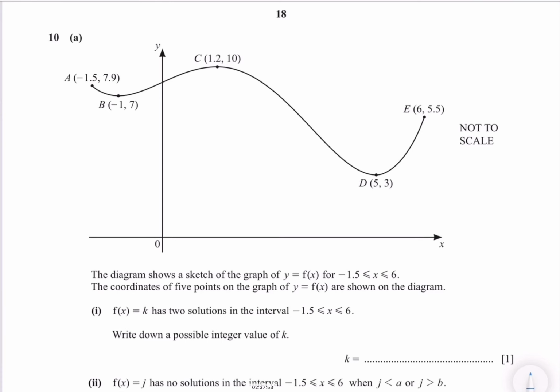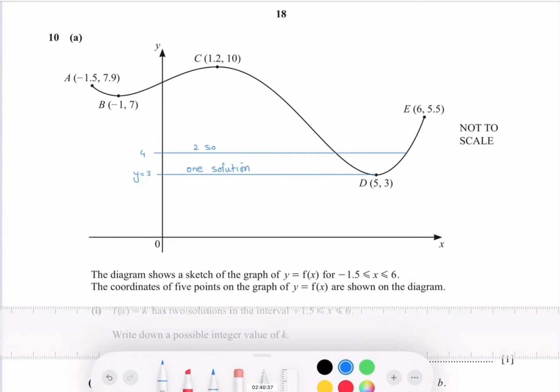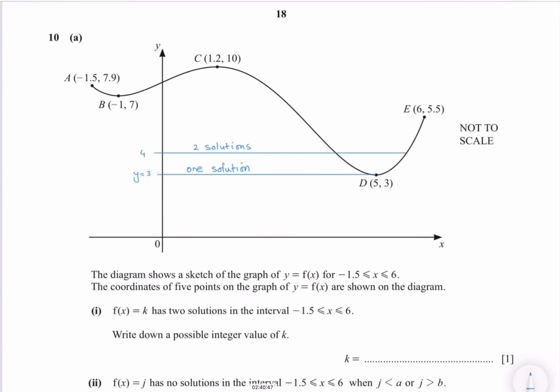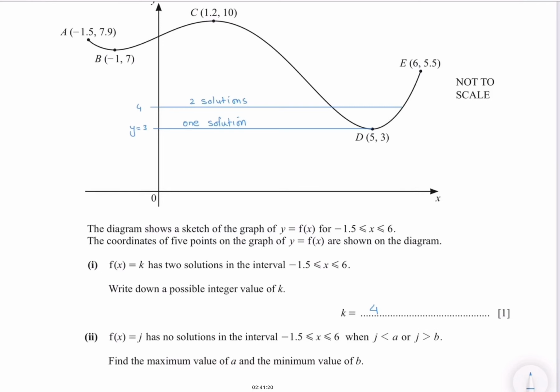You can check by drawing straight lines. At y is equal to 3, there is one solution. If you go up and say y is equal to 4, it crosses the curve at 2 points, so 2 solutions. So you can write k is equal to 4, because he just said write down a possible integer value of k.